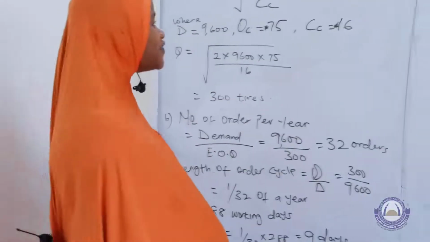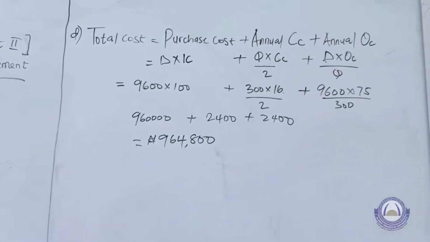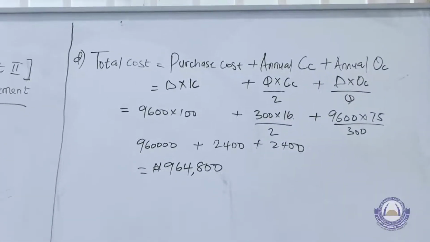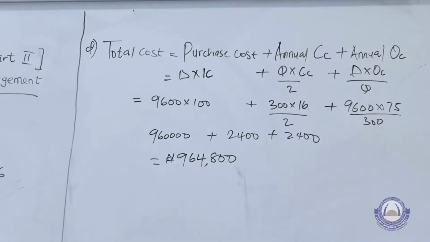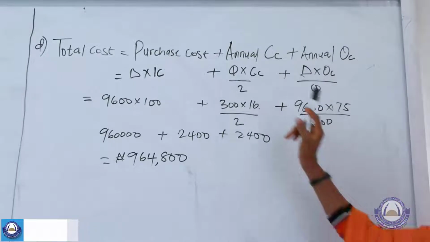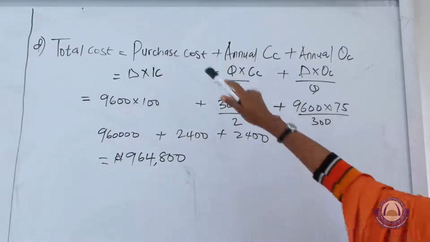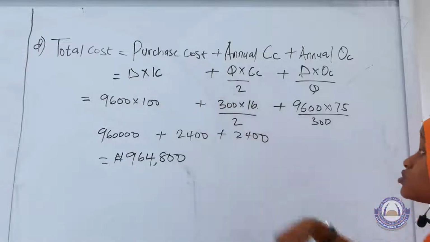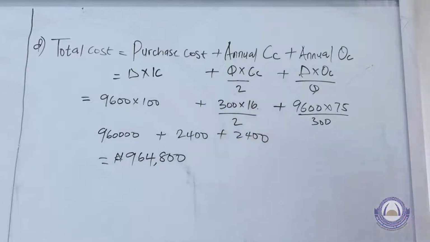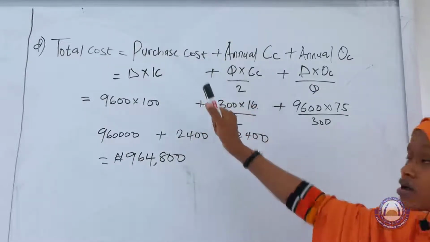Then the last part of the question is calculating our total cost. When you come across some texts, they calculate total cost using annual carrying cost and annual ordering cost, ignoring the purchase cost. But as far as this example is concerned, we will be including the purchase cost in arriving at the total cost.